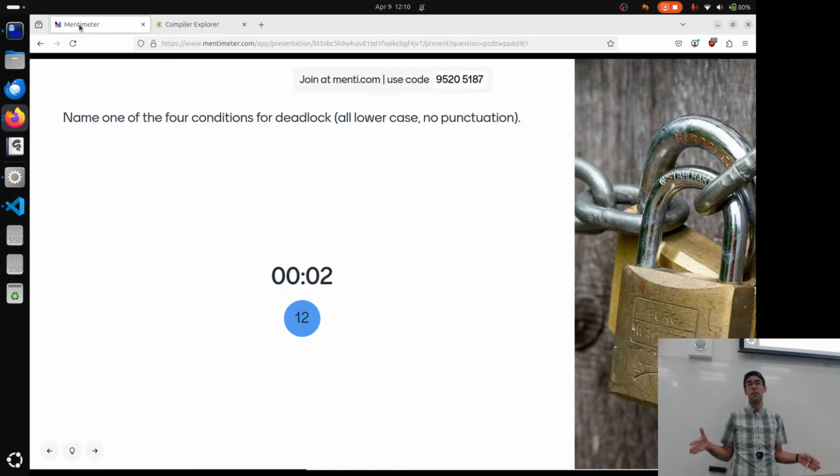If all of them still hold, it might not deadlock, and that is a valid outcome here. This is the best answer: the code might deadlock. But if we can break any of them, we're guaranteed to not have a deadlock. Oh gosh, sorry. The code is not guaranteed to deadlock, definitely. It's going to be only maybe for what we've got. All right.